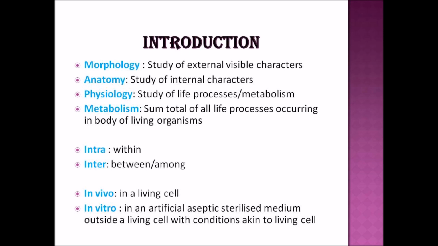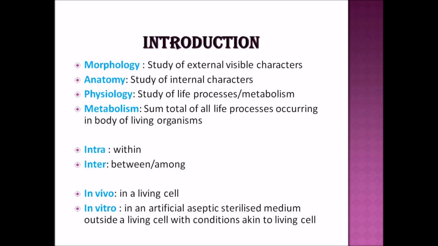In vivo fertilization means fertilization occurring inside the body. On the other hand, in vitro fertilization, commonly known as test tube babies, is fertilization of the female gamete by the sperm occurring in an external artificial medium, that is in the laboratory, in a petri dish, which is provided with the same conditions as those which are present inside the living body.